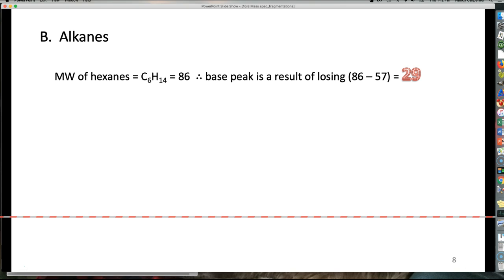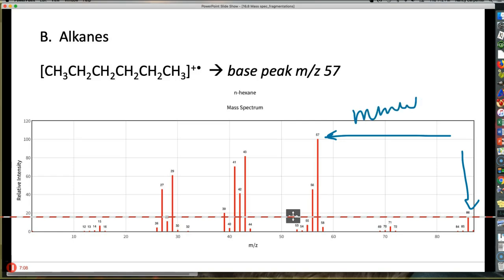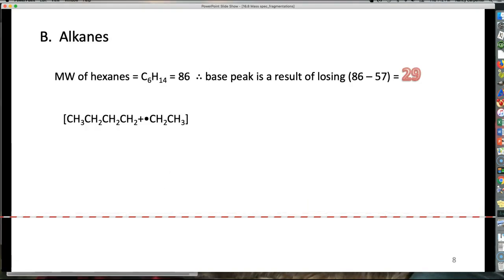So let's go back to this. Here is my molecular ion at 86, and something minus 29 was lost from the molecule to give me this base peak at 57. What could that be?